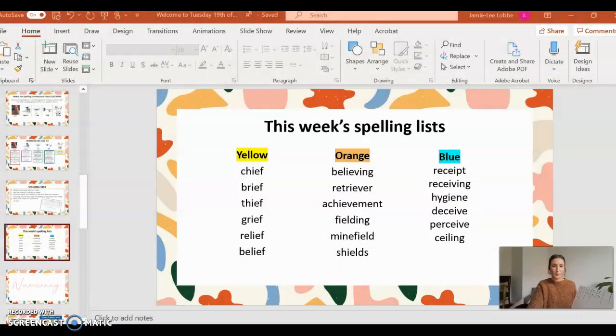Hygiene. All right, we'll do one more. Let's do shields. Phoneme fist. Sh, E, L, D. Shields. I know that sh is a digraph. Sh, E, L, D.